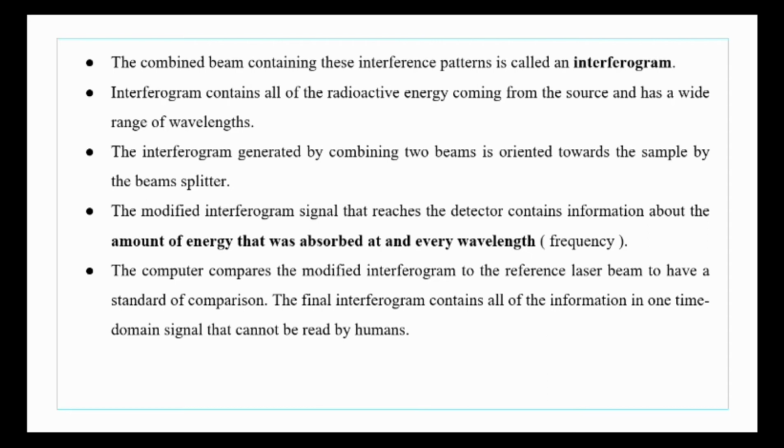Means the interferogram consists of information about how much energy a molecule or atom absorbs at each and every frequency or wavelength. The computer compares the modified interferogram to the interference of a laser beam to have a standard of comparison. The final interferogram consists of all the information in one time domain signal that cannot be read by humans.